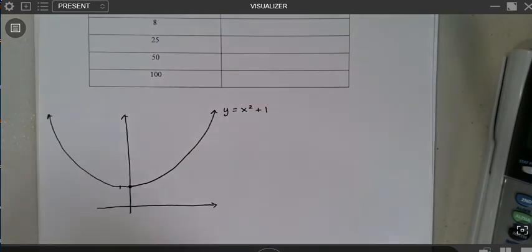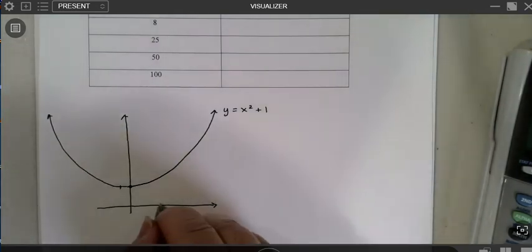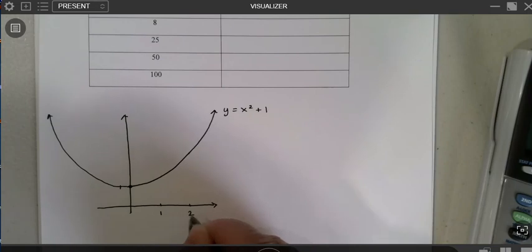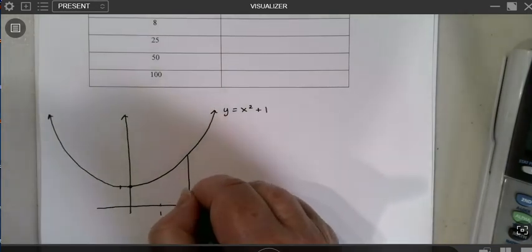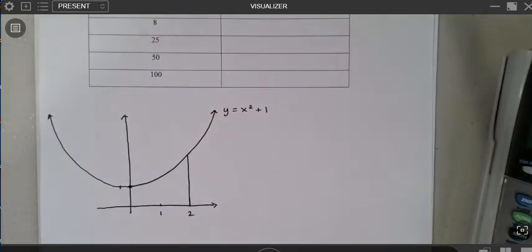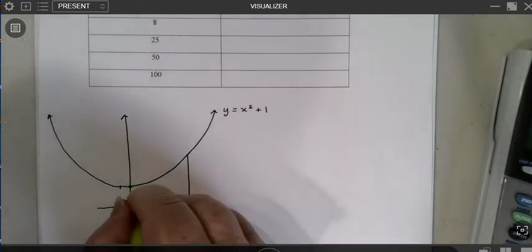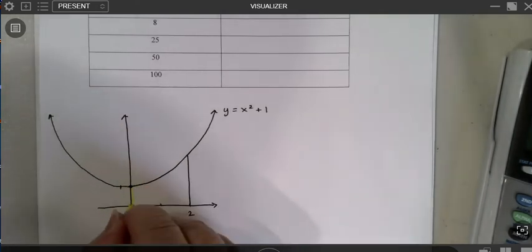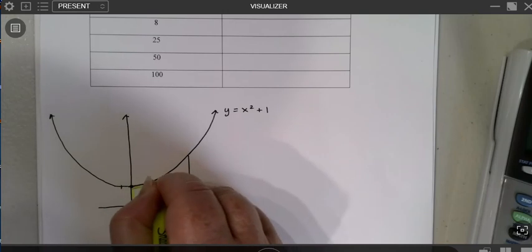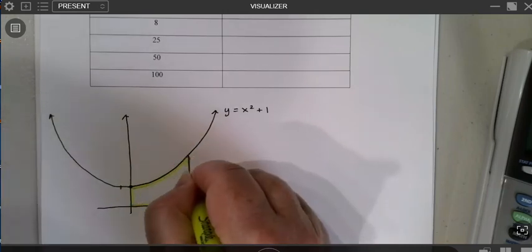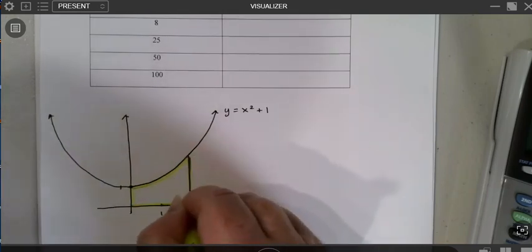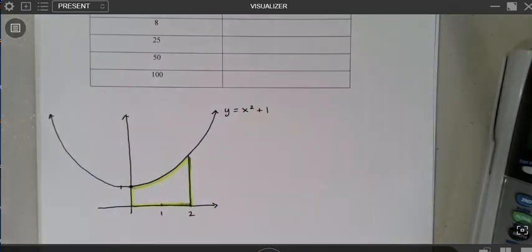And we wanted to go from 0 to 2. So your goal is going to be trying to figure out the area underneath this parabola, but still above the x-axis. So you're looking for the area inside there.